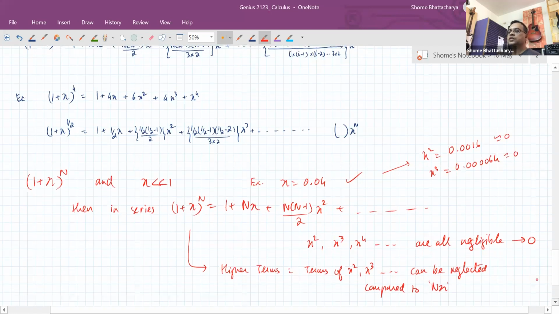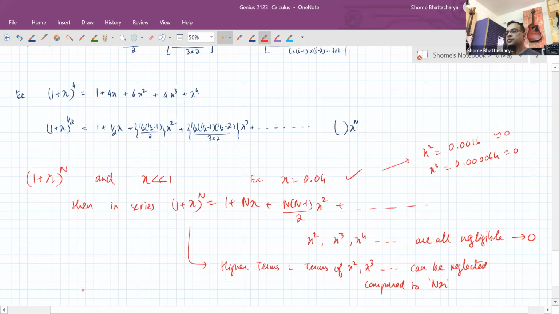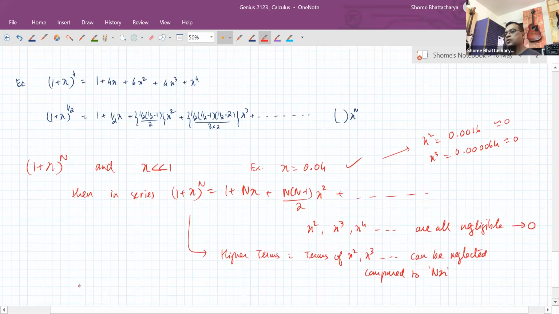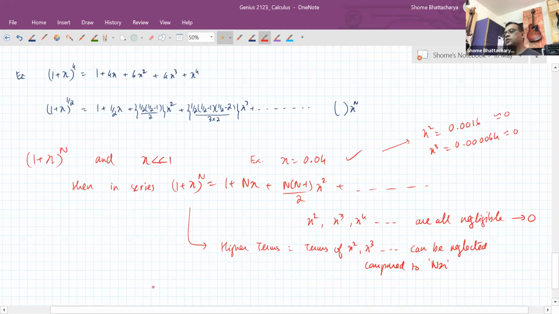So that's how we say that this series becomes approximately equal to 1 + nx, provided of course x is very small compared to 1. So this is the proof, you can say, or this is the logic. More than proof, it is the logic of the binomial approximation.